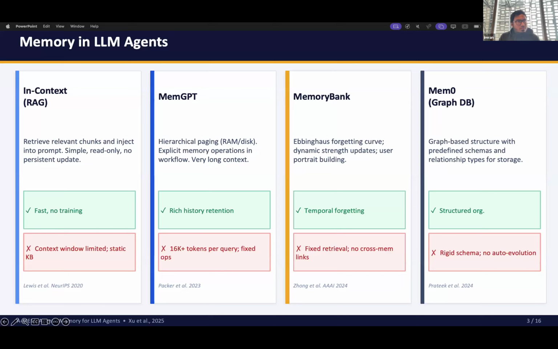Then comes Memory Bank, which was also very recent and improved upon MemGPT. What it brought was the Ebbinghaus forgetting curve, which is similar to how human brains work, in that humans tend to forget memories in the long term. Like we don't know what happened ten years ago on a Sunday afternoon, but we definitely know what happened yesterday.